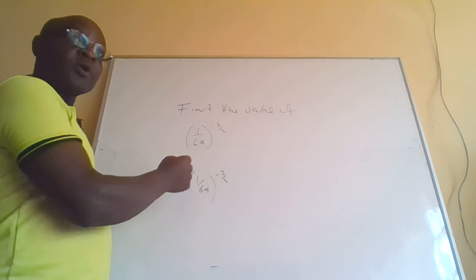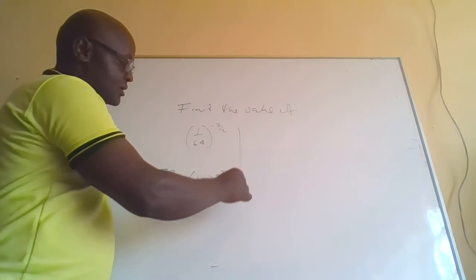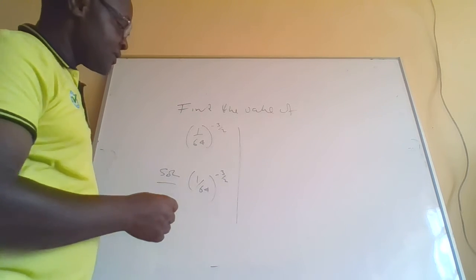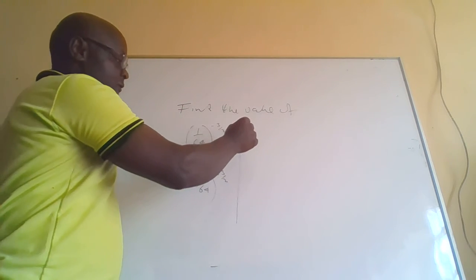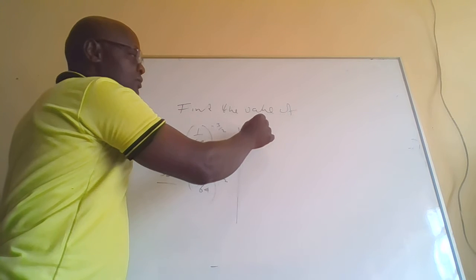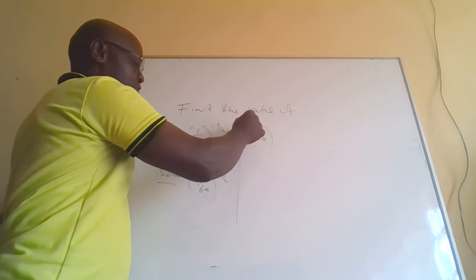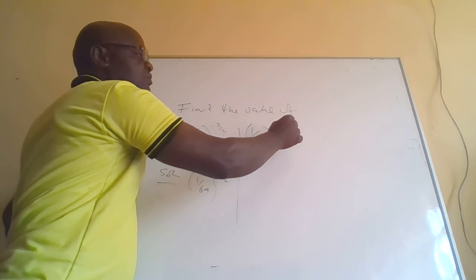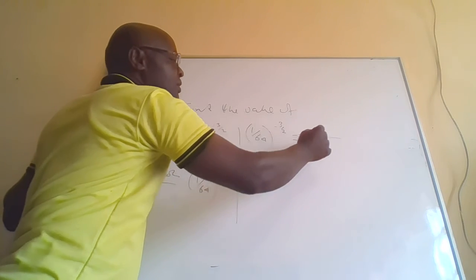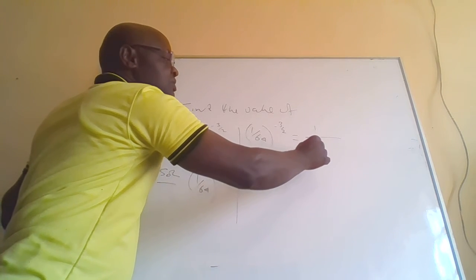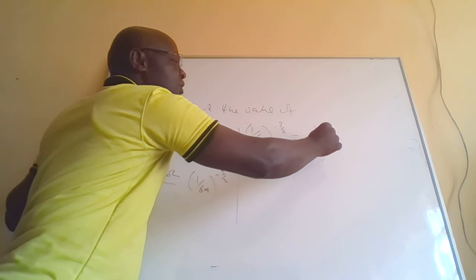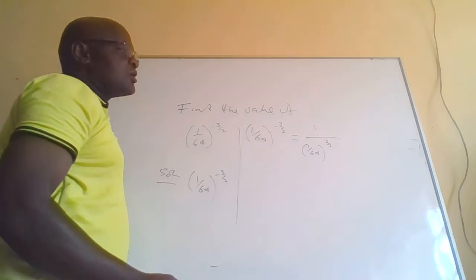So if you want to do away with the negative sign, then we shall write this as 1 all over 64 raised to negative 3 all over 2 is the same as 1 all over 64 raised to 3 all over 2.